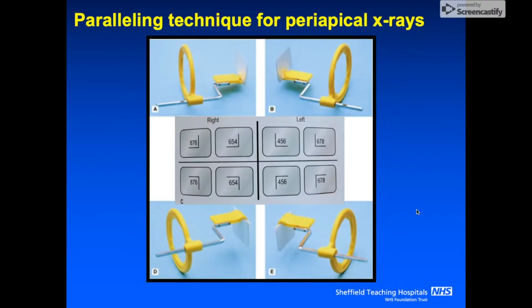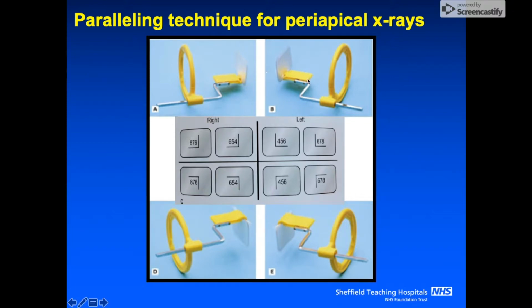Yellow posterior holders are suitable for imaging premolars and molars. The holder in figure A is assembled for imaging the right maxillary premolars and molars. So this holder here would x-ray these teeth here. So it'd x-ray your upper right 4, 5, 6, and it'd also x-ray your upper right 6, 7, and 8.